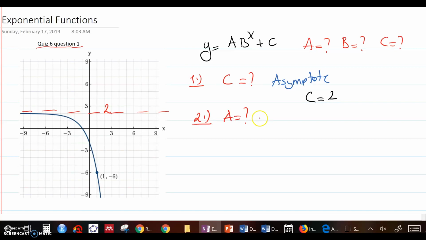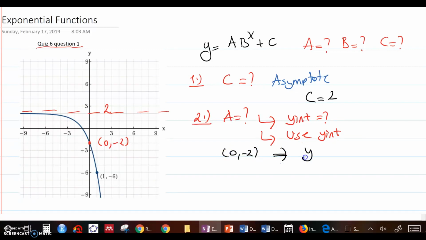As we are doing it, we need to know what the y-intercept is, and we need to use that y-intercept to figure out a. All right, so the y-intercept here is this point, where x is 0, y is -2. So we're going to use that point, (0, -2), into this equation, y is equal to a b to the power x plus 2.